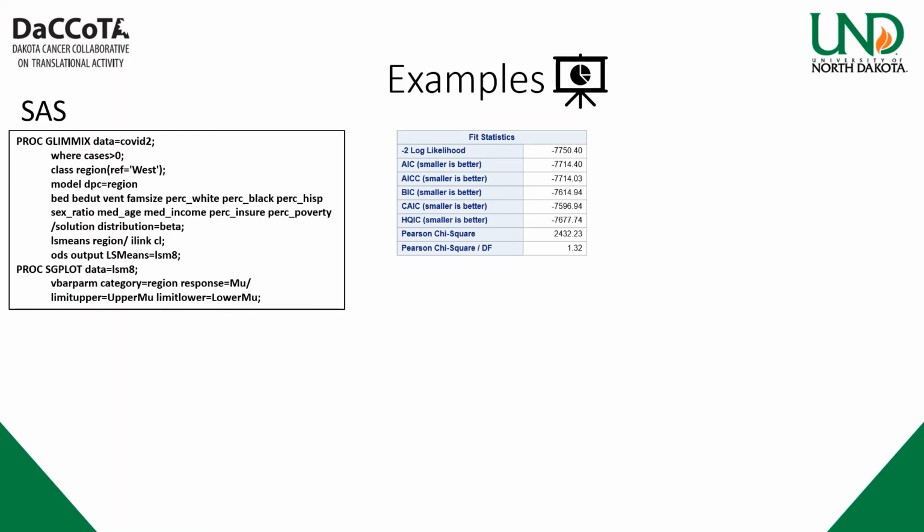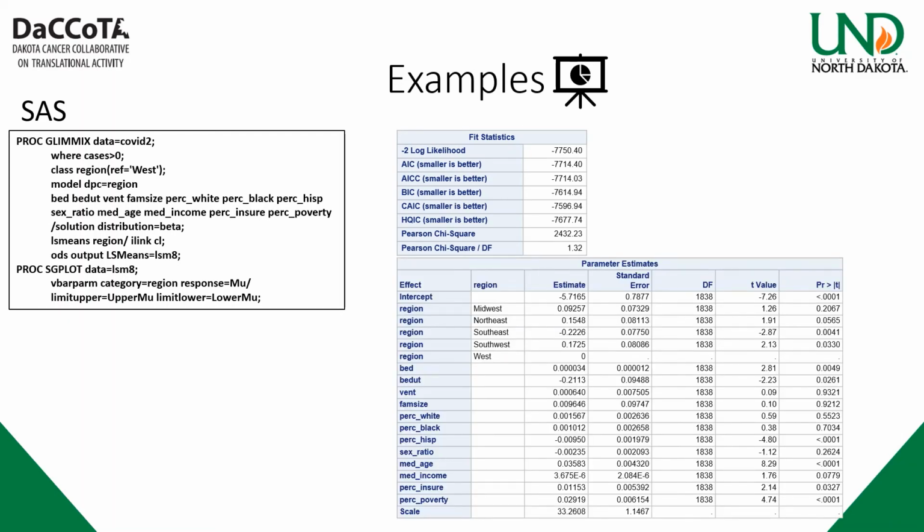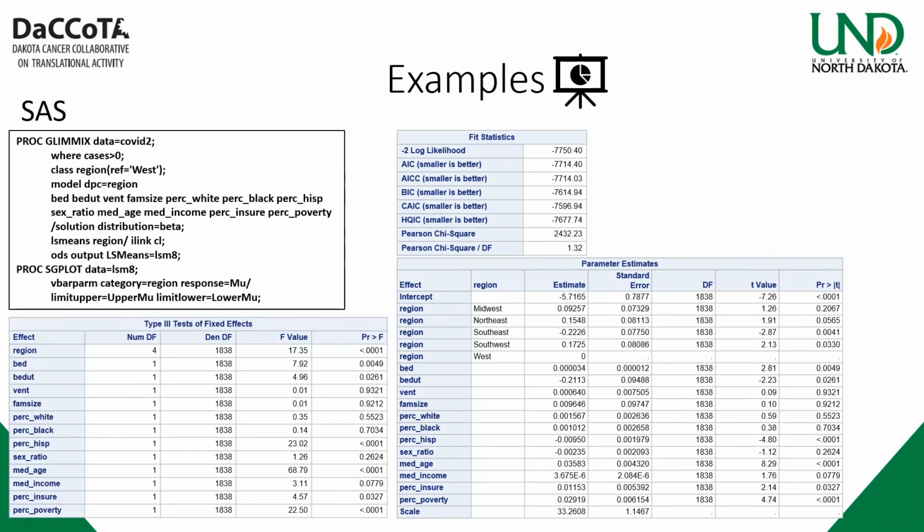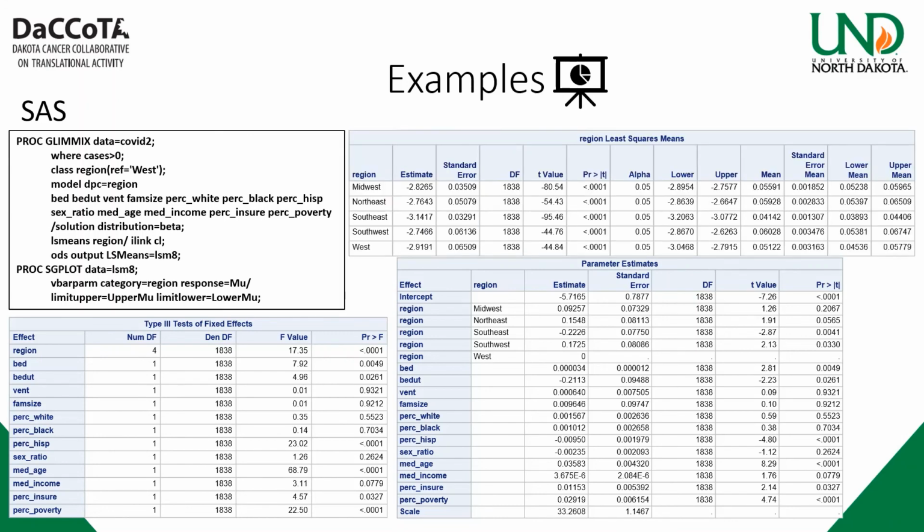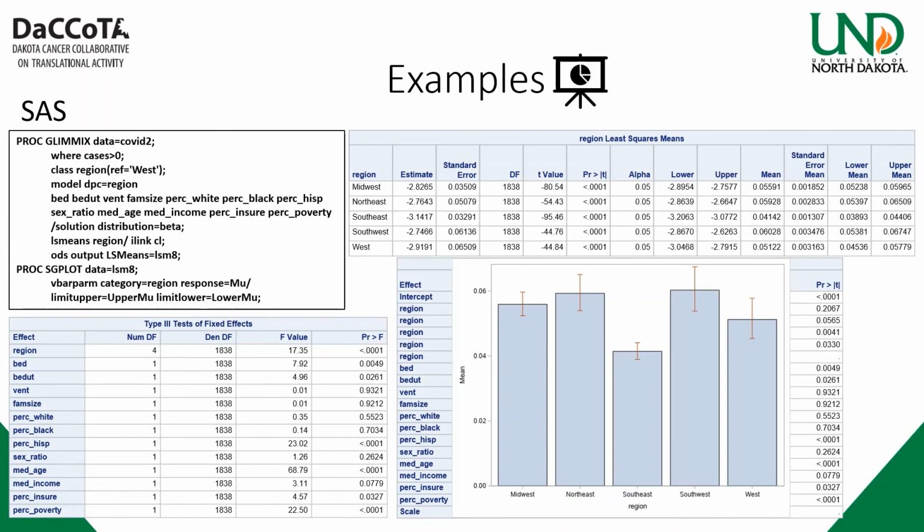We're using a beta distribution because it's a percentage. Here are some parameter estimates, but the big picture takeaway is our test for fixed effects. Region is significant, so there's a significant difference in at least one, and these variables were corrected for. Least squares means across region, but then we can plot that to show that the case fatality rate is significantly lower in the southwest than these other regions.